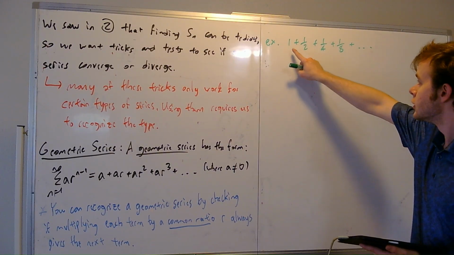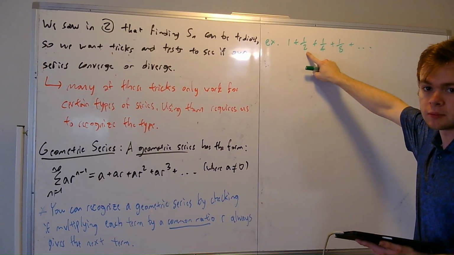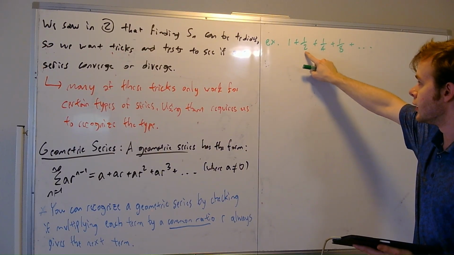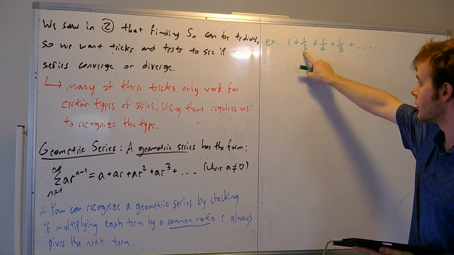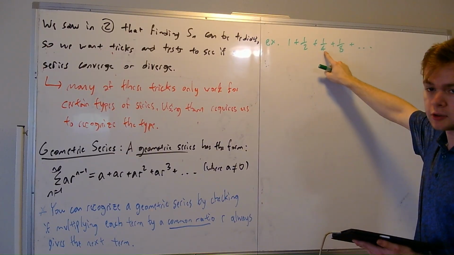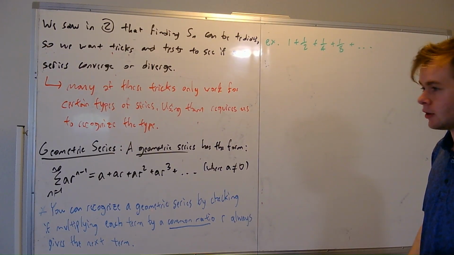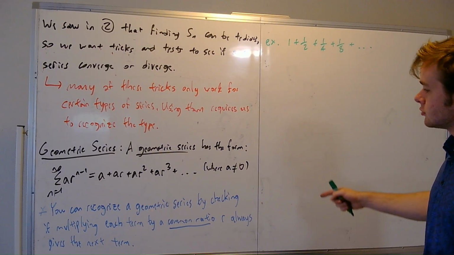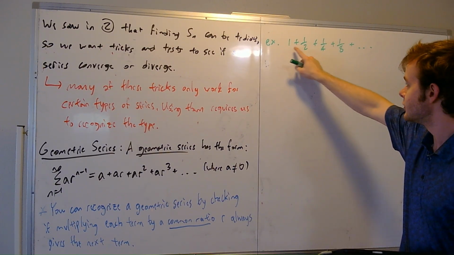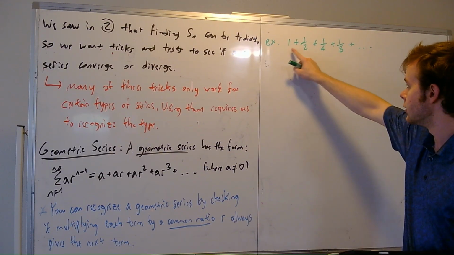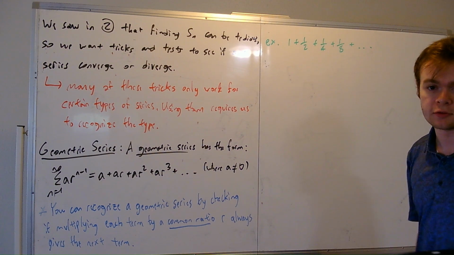Well, notice to get from this term to this term, what do you have to multiply this by? Well, you have to multiply this by 1/2 to get to here. To get from this term to this term, you just multiply it by 1/2. To get from this term to this term, you just multiply it by 1/2 again, right? So a geometric series is just one where to get to each next term, you're multiplying it by the same number, right? So you multiply it by 1/2, 1/2, 1/2, and so on.